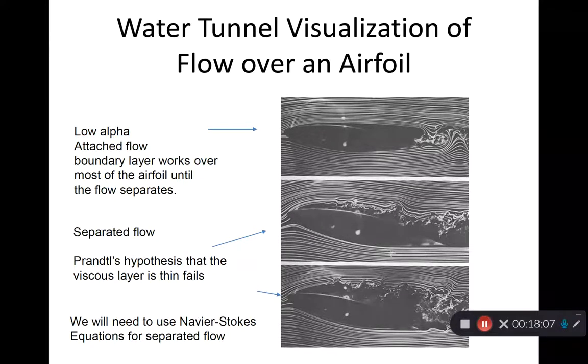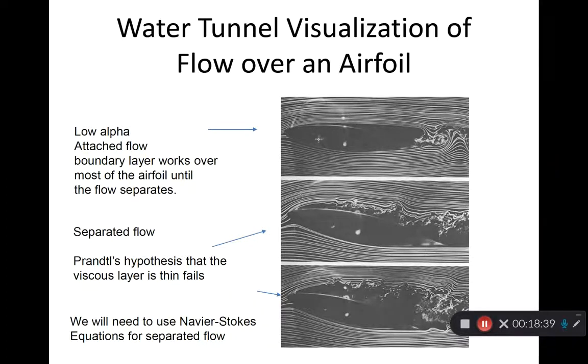We have talked about streamlines: these are lines in space where, if you draw a tangent to it, it is parallel to the local velocity. Also, if the streamlines are closely packed, that means you have high velocity. If the streamlines are far apart, we have a low velocity. Rho AV, density times area times velocity, is constant. So if the velocity is small, the area rises and vice versa.